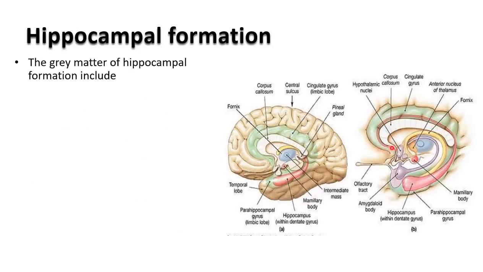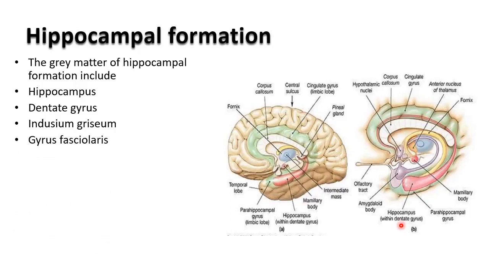The gray matter of the hippocampal formation includes the hippocampus along with one gyrus called the dentate gyrus. That is one structure, the hippocampus with the dentate gyrus. And then you have the parahippocampal gyrus, the indusium griseum, the medial and lateral striae, and the gyrus fasciolaris, also called the splenial gyrus.